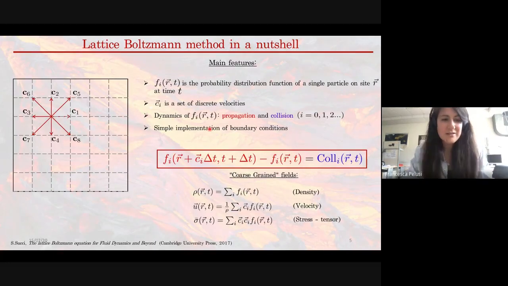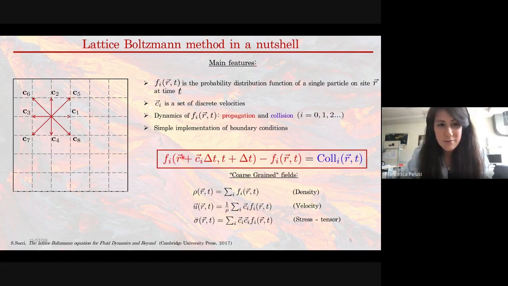To simulate these emulsions under convection, I used the Lattice Boltzmann method. I will not enter into the detail because I know that you are an expert on this method. So I want to stress only the main aspects that I used to do this kind of analysis. So first of all, I have a bicomponent system, so I need to introduce not only a single probability distribution function f, but I need two distribution functions.